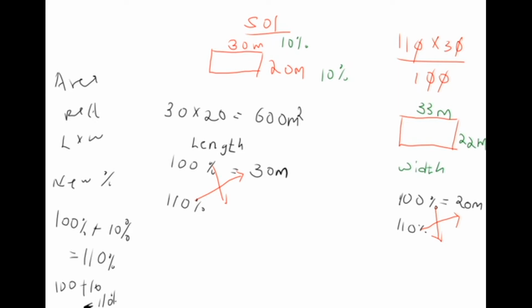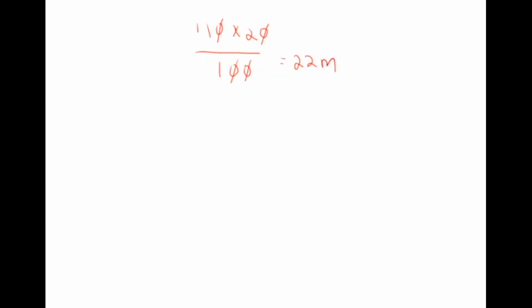We will get it by multiplying that 3 times 22. Therefore, the new area will be 33 times 22. This will give us 726 meters squared.